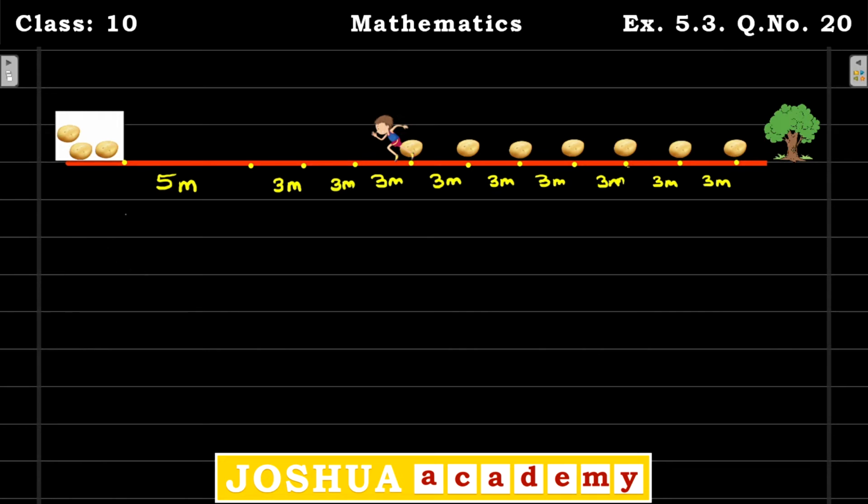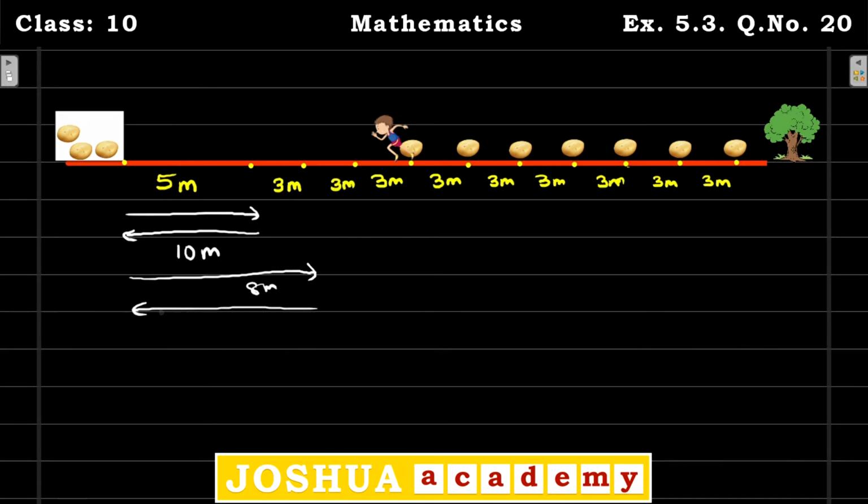Now look at the first case here. He starts from here 5 meters, again comes back 5 meters, so altogether 10 meters. In the second case, 5 plus 3 is 8 meters, and again from there he comes back the same 8 meters. Now in this case the total is 16 meters. The first case 10 meters, the second case 16 meters.